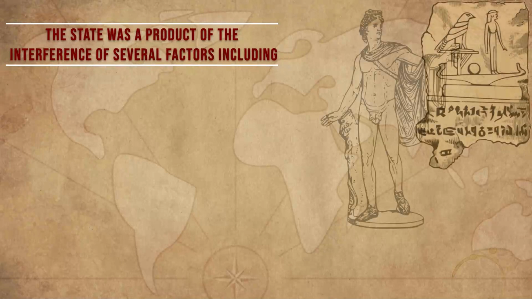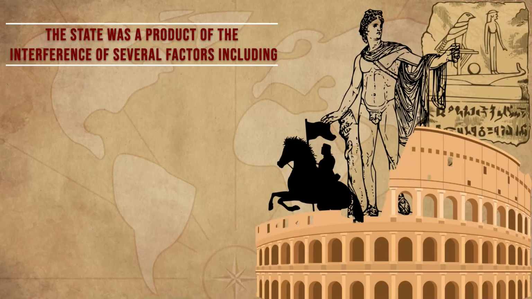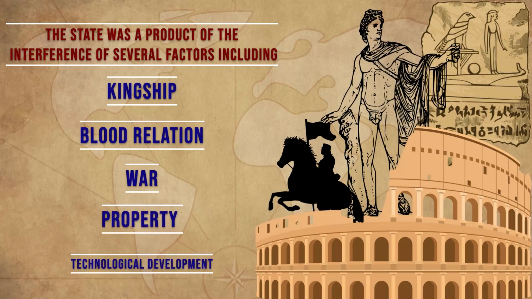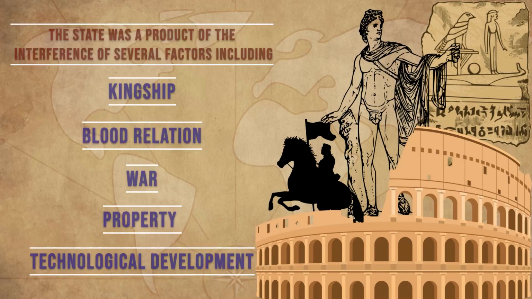So, today we will discuss the development of the state from the feudal state system to the Westphalian state to the modern nation state. And we have also seen that the state was a product of the interplay of several factors, including kingship, blood relation, war, property, technological development, everything.